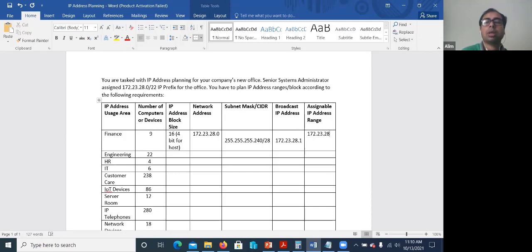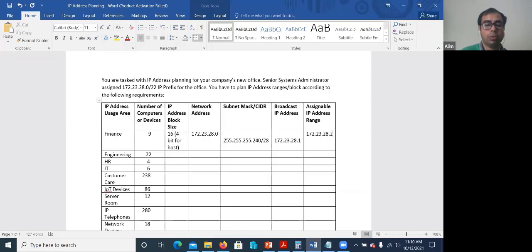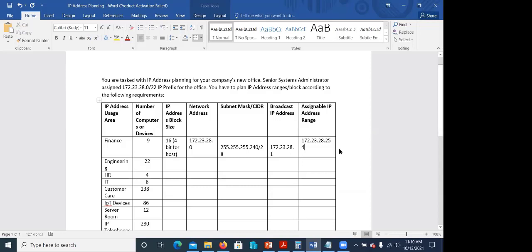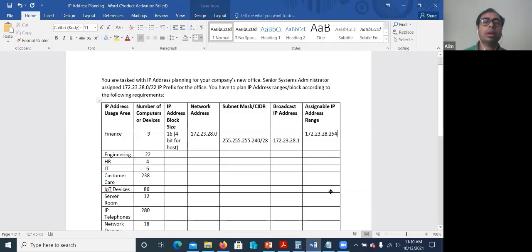We are not using the whole range. Sorry, I also made a mistake. We will use only 16. It will be 15.